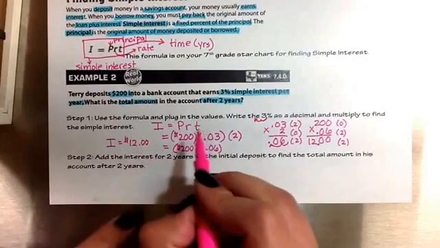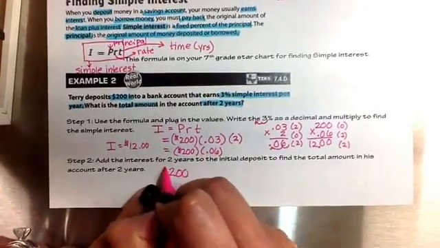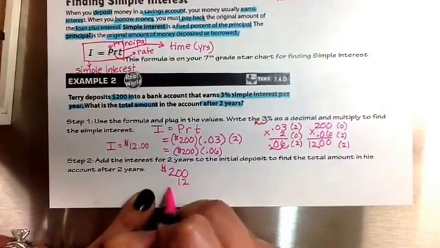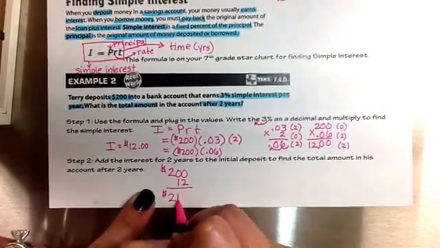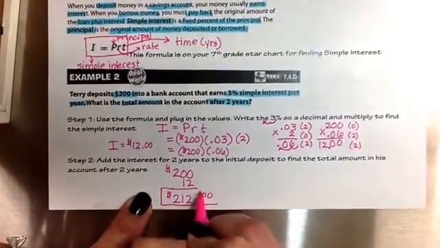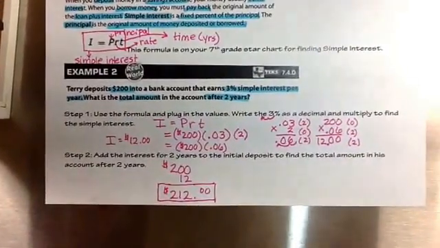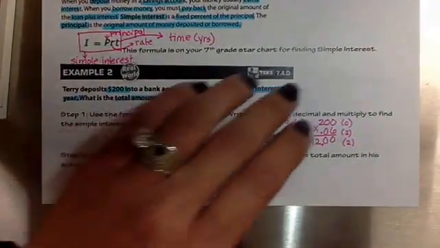So now we just have to add 200 plus 12. So $200 plus the $12 interest, that account after 2 years is going to be a total amount of $212.